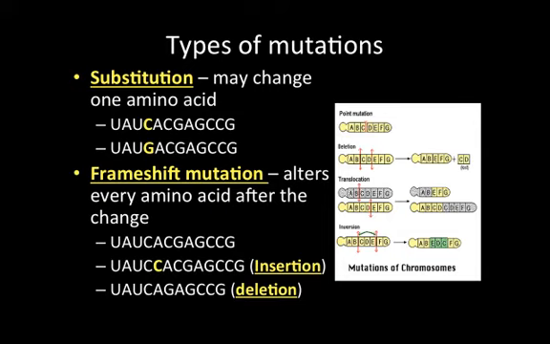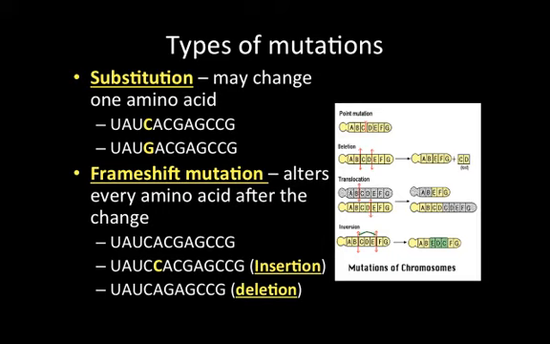So you can imagine that this is much, much more damaging to the cell than that of a substitution mutation. Because you remember that amino acids are made from codons, 3 nucleotide sequences. So if we look, UAU is the same for all 3 of them down there, the original and then the 2 below that have a mutation.